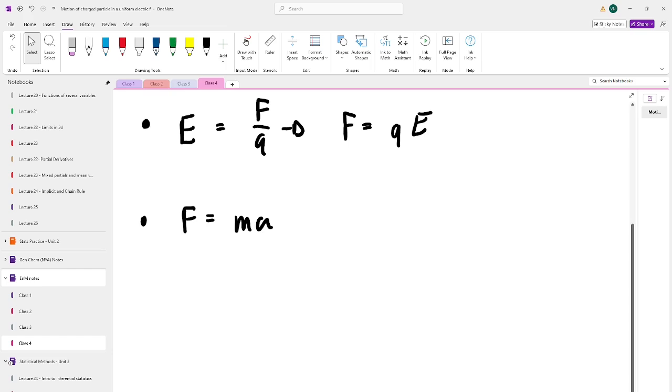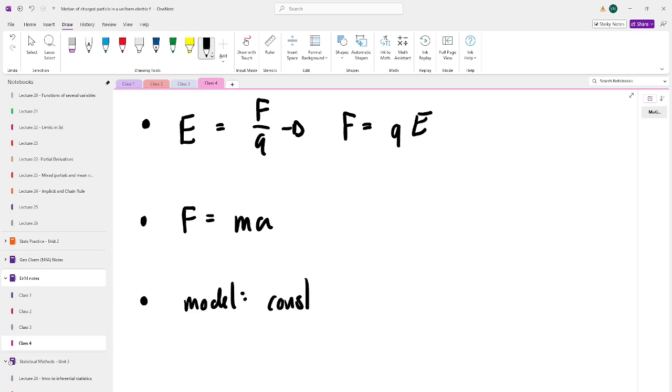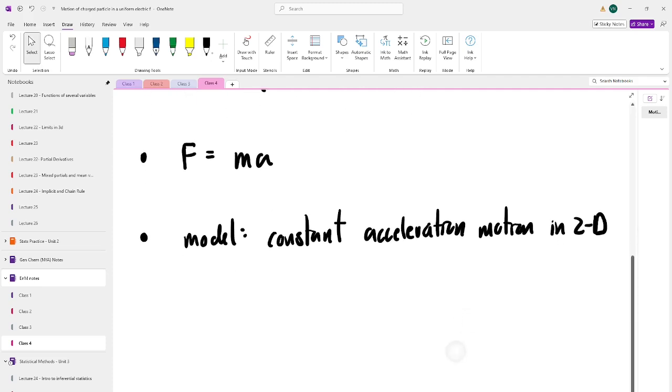And then we're going to be using models of constant acceleration for motion in 2D. I'll write that the model we're going to be using is constant acceleration motion in 2D.